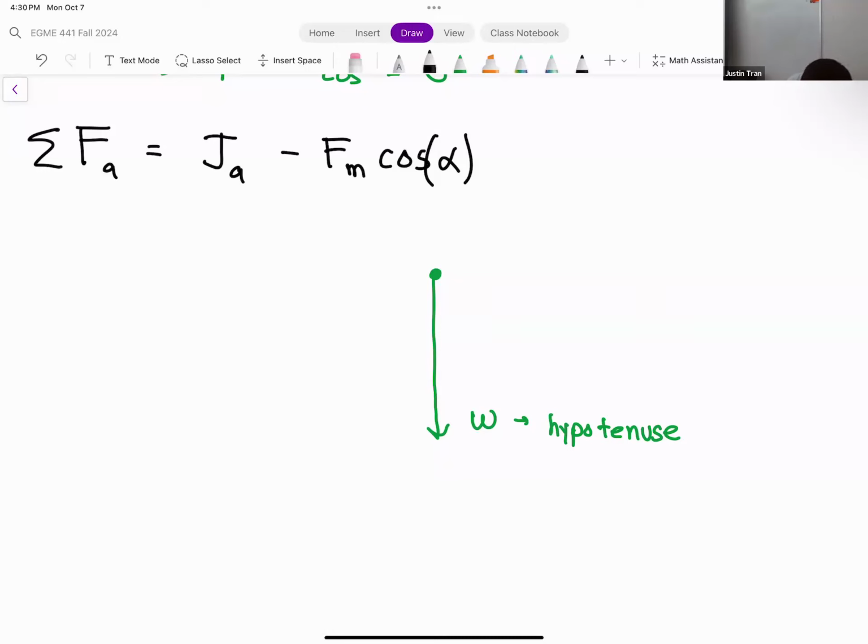We know the spine kind of goes like this, where we know this angle here is theta. So we want one component that's in the same line as that. Let me draw one line that's parallel to that.